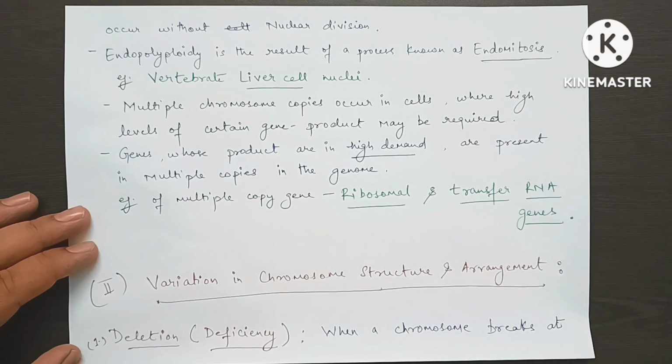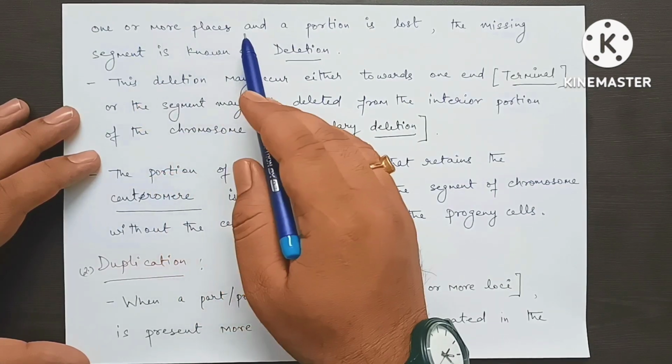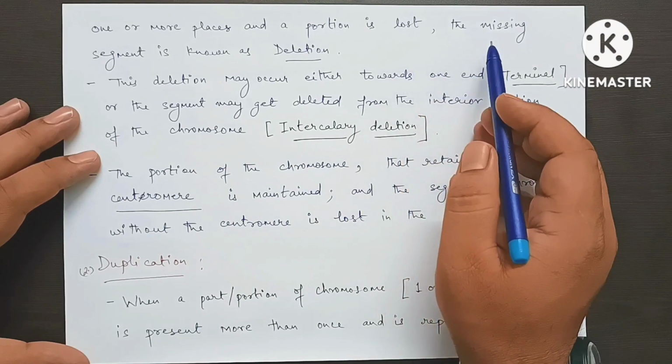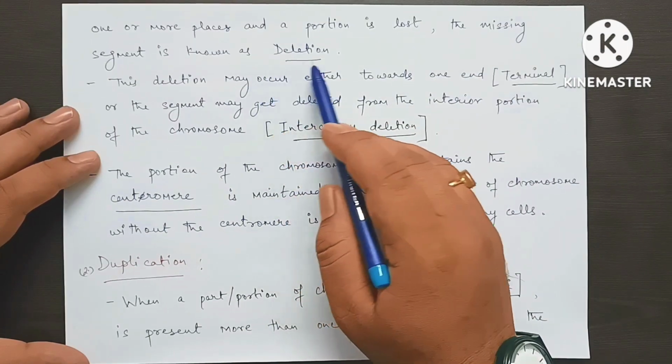Here, first we'll see deletion or deficiency. When a chromosome breaks at one or more places and a portion is lost, the missing segment is known as deletion.